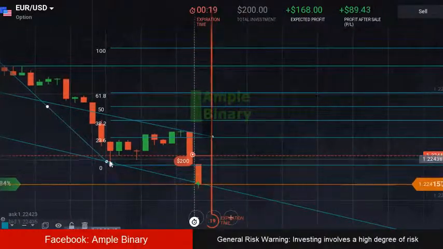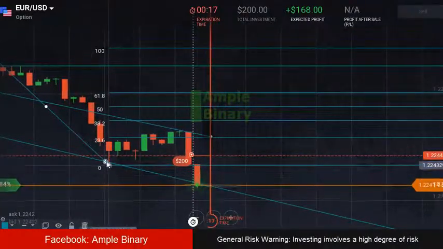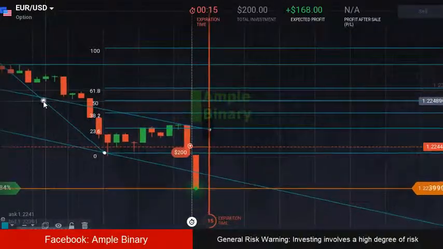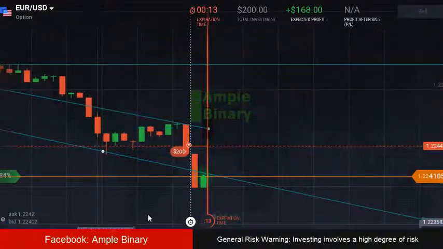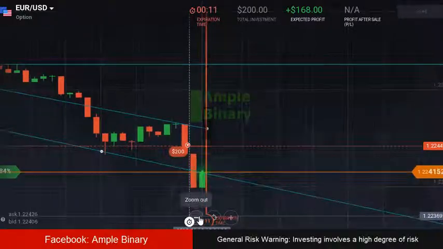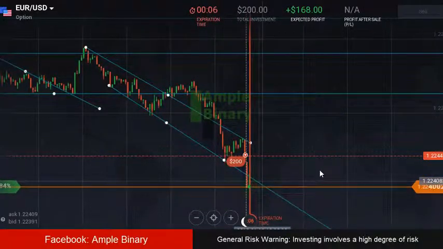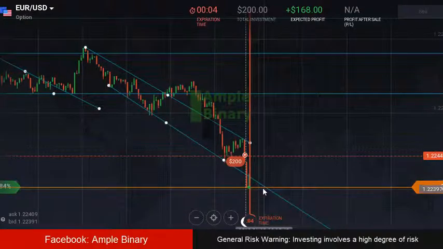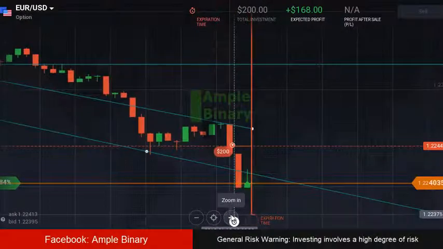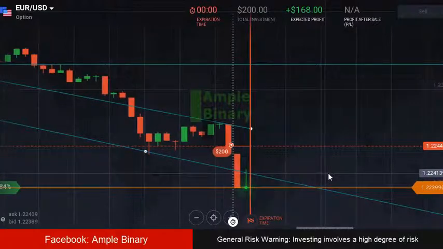Now, our Fibonacci has been broken at 0% again, so this Fibonacci now is useless to us. We've broken the lower channel of the downtrend. Expect us to go down.